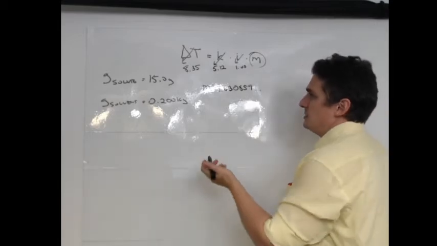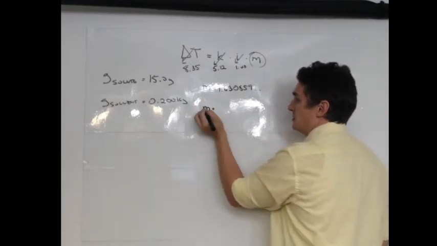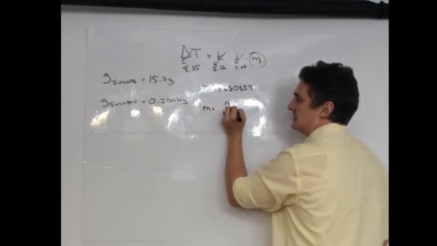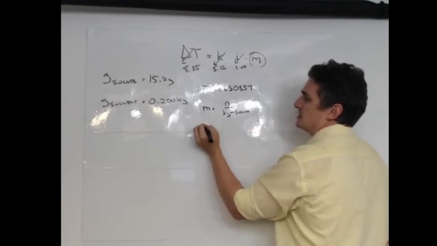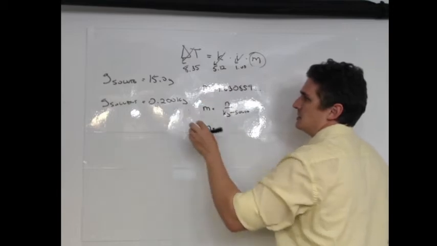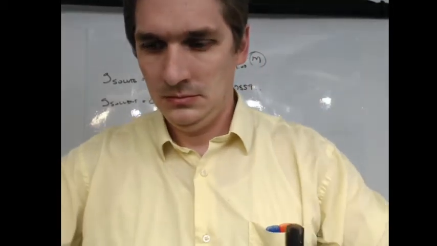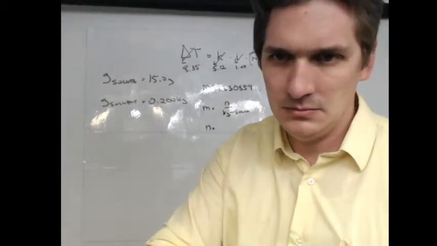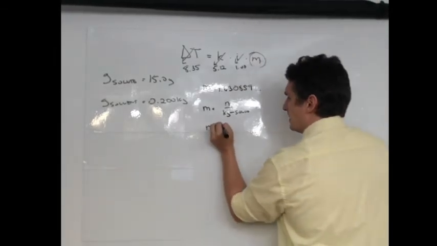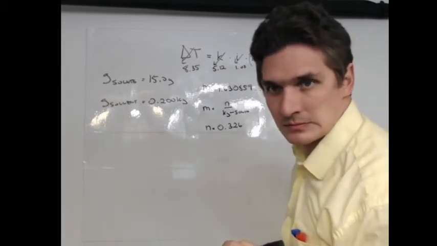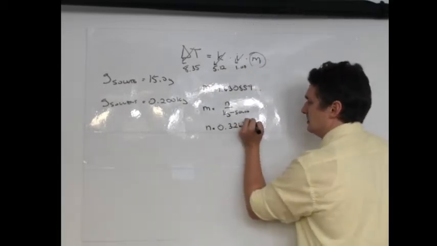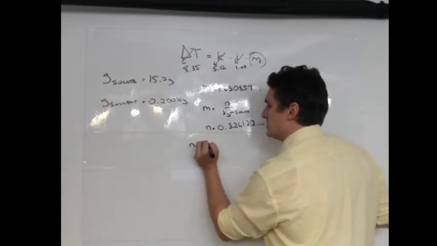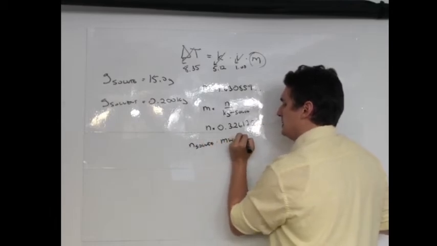Next step is you want to find the moles of solute. So molality here is moles over the kilograms of solvent. So we're just going to multiply this whole thing over. So m times the 0.2. That's not right. Oh, it is. 0.326172. So the last relationship here, the moles of solute times the molecular weight equals the grams of solute.